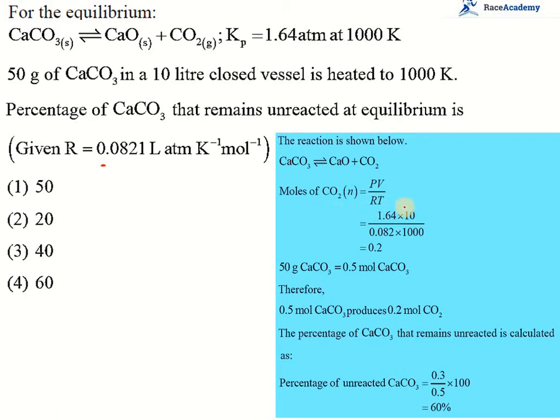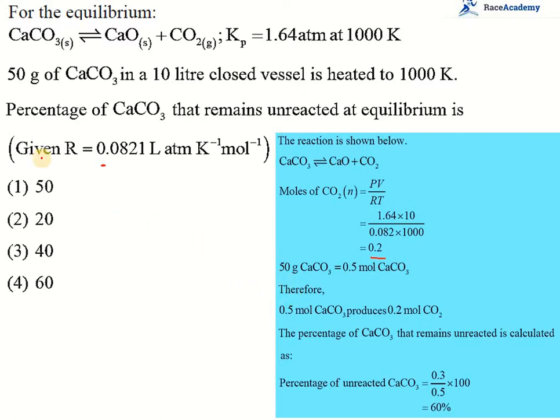We can find the number of moles from the gas equation: n equals PV by RT, with pressure 1.64 atmosphere, volume 10 liters, divided by R value 0.082 into temperature 1000.